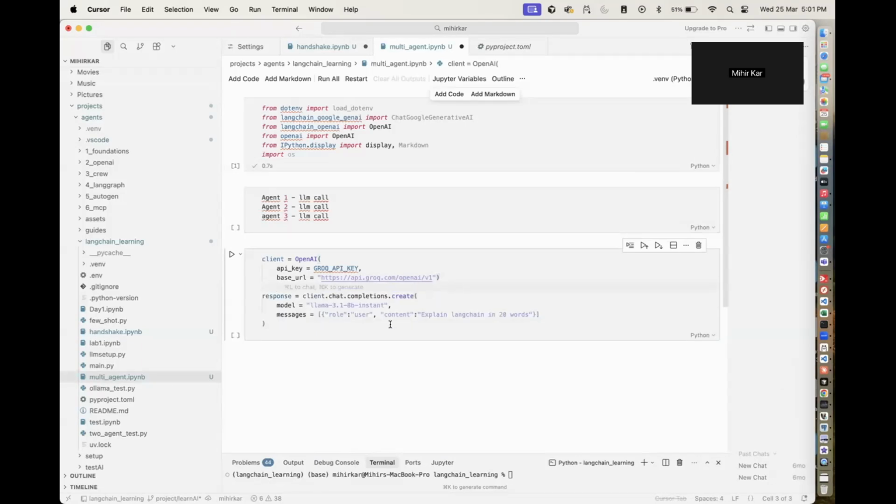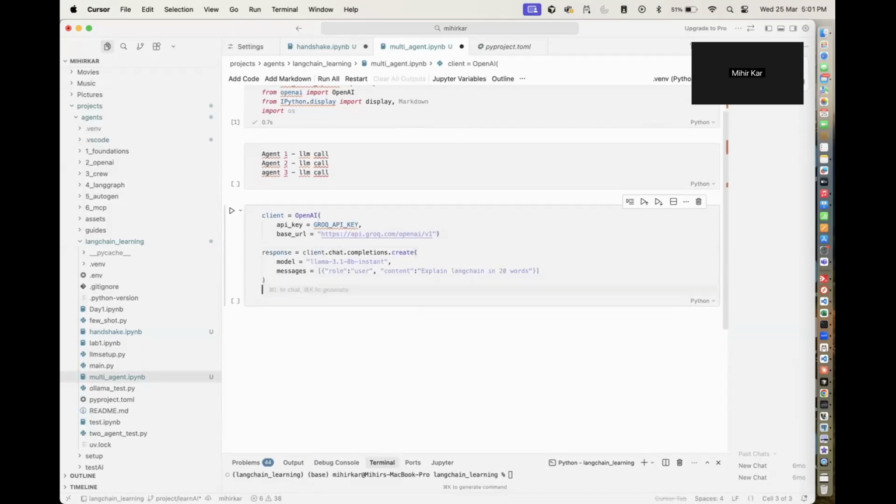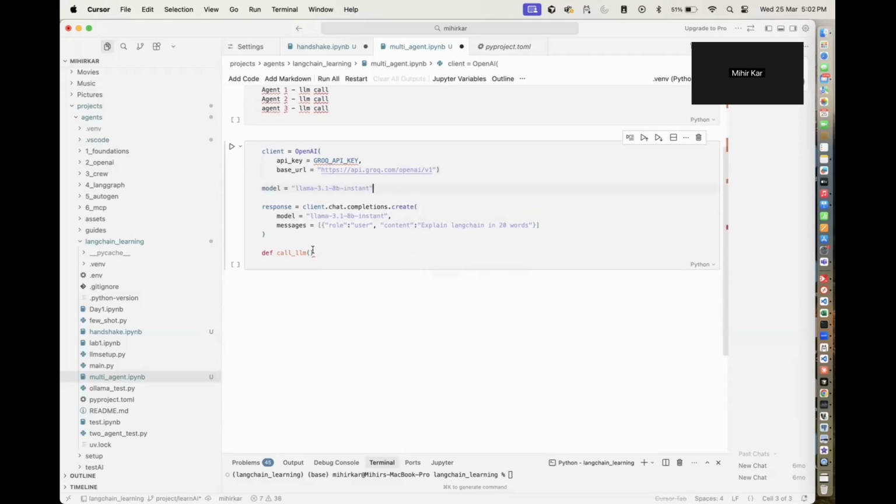So here what I'm doing, instead of calling this each time, I will create a function. This function is this.